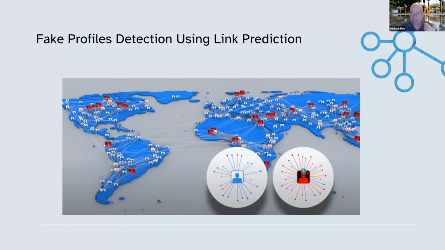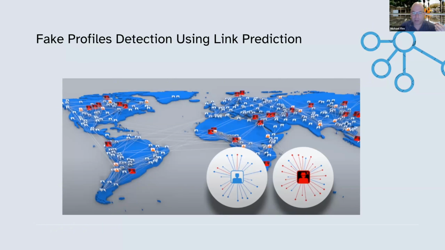The problem is how to find improbable links, and there is a classical problem in social networks, everywhere, called link prediction. The idea in link prediction is that you create algorithms to predict whether a link between two users exists or doesn't exist. You can use different methods.